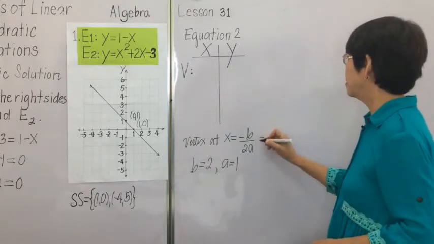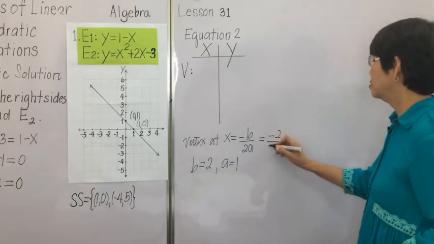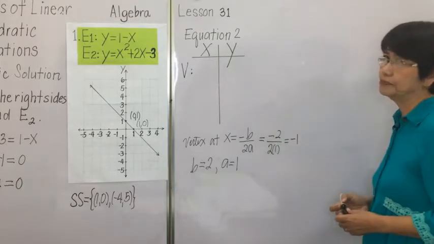So this value is negative 2 over 2 times 1 or negative 1.